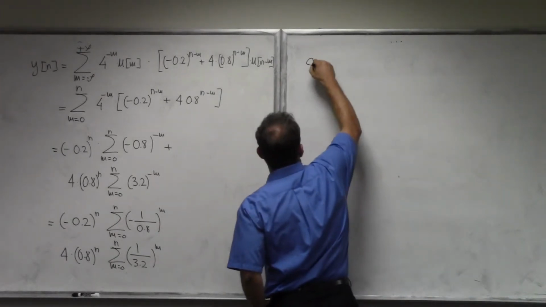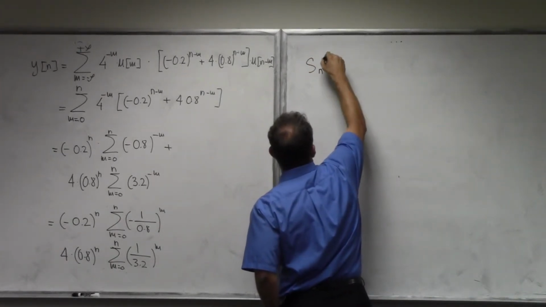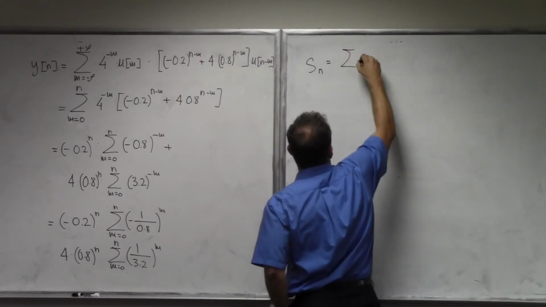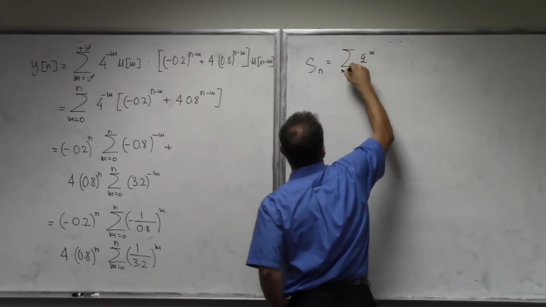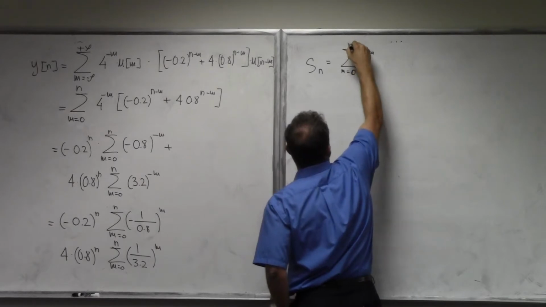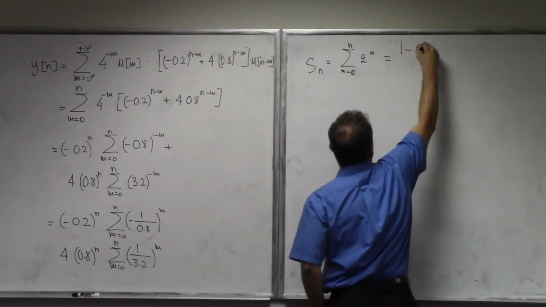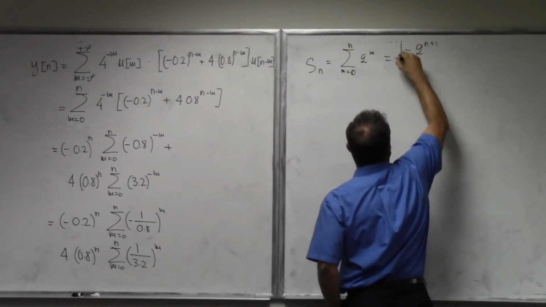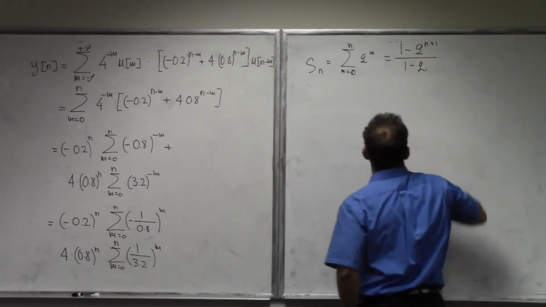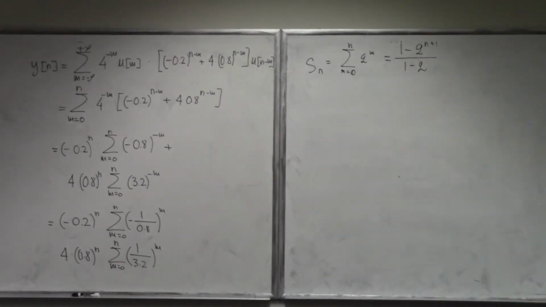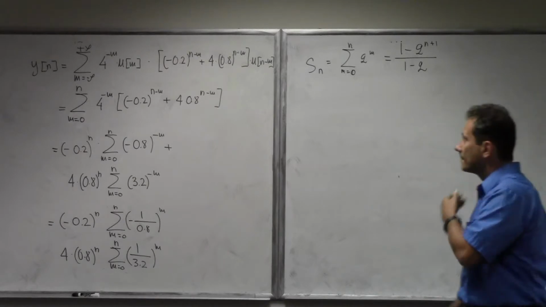So we are using this result, sum q to the n, where n goes from 0 to n, is equal to 1 minus q to the n plus 1 over 1 minus q. Remember I gave you that expression last time.